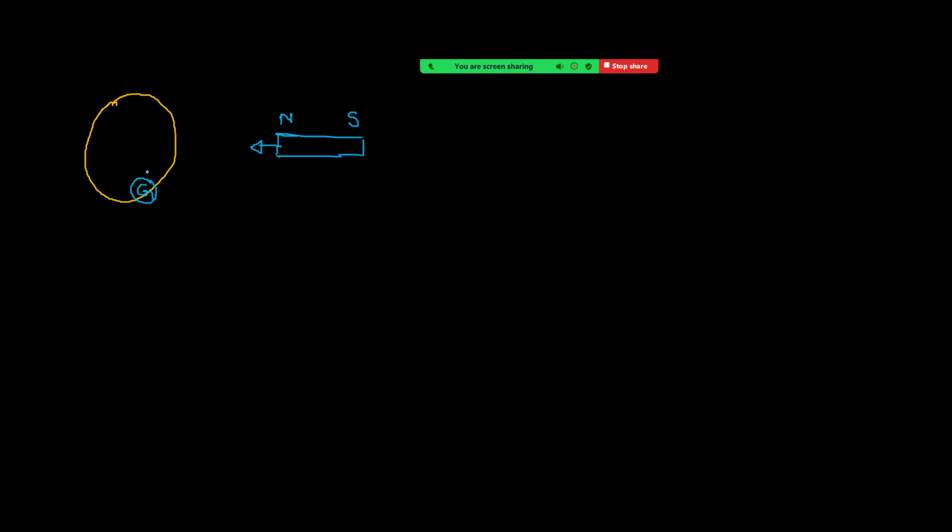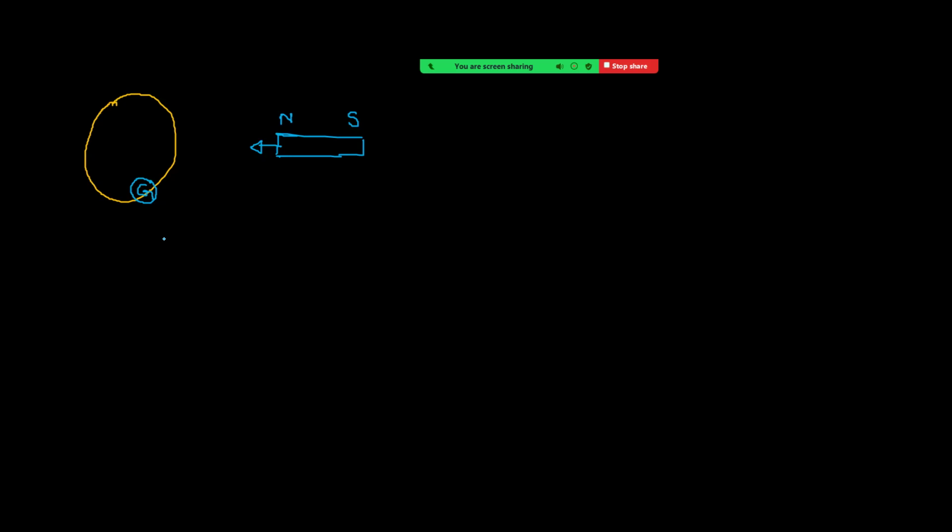But in this, there is no battery, but still current is flowing. That means because of the relative motion between the coil and the magnet, there might be an EMF induced because of which current is flowing.